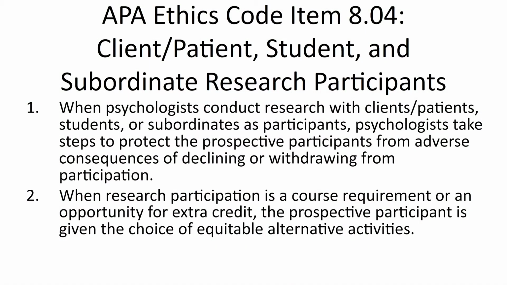APA Ethics Code item 8.4 refers to client, patient, student, and subordinate research participants. So when psychologists conduct research with clients, patients, or students, which is actually pretty common, or subordinates of any kind, psychologists need to take steps to protect the prospective participants from any adverse consequences of declining or withdrawing from participation.